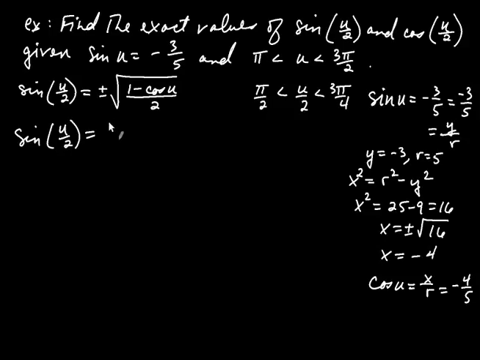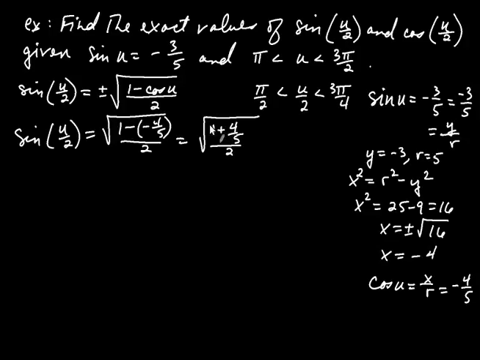square root of 1 minus cosine, which is negative 4/5, over 2. And that's equal to the square root of 1 plus 4/5 over 2.